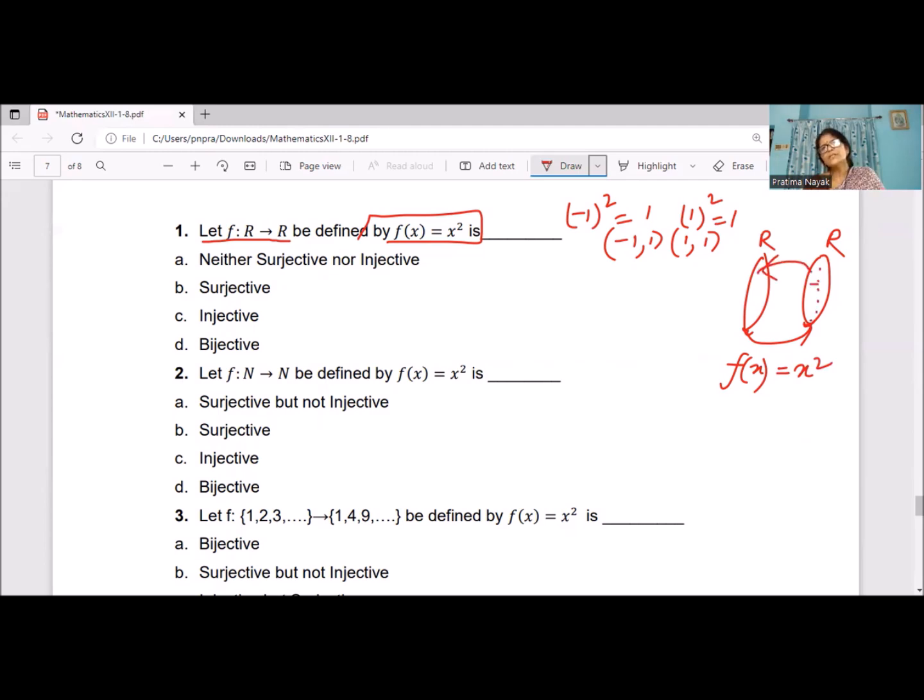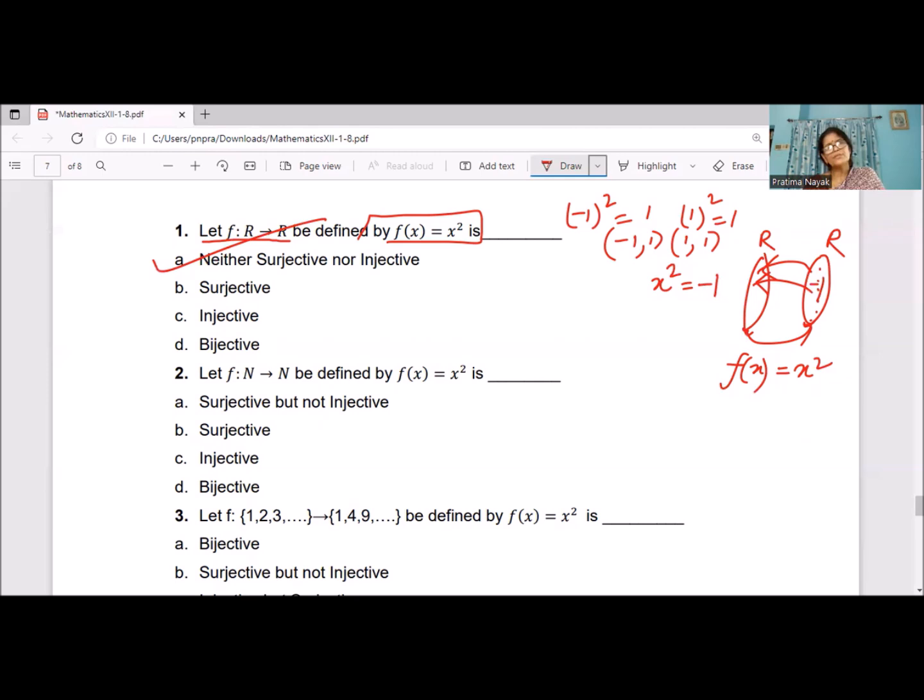But you take minus 1, it has no pre-image in R. That means there is no real number whose square is equal to minus 1. So minus 1, minus 2, minus 3 have no pre-image. So it is not a surjective function. It is not surjective, not injective, not one-one, not onto. So it will be neither surjective nor injective.